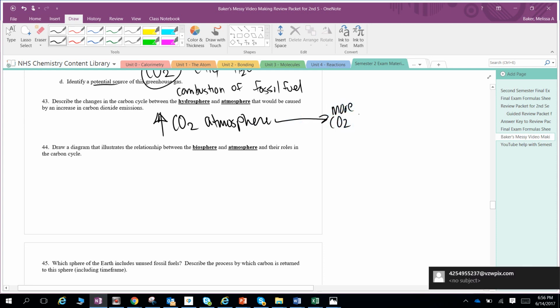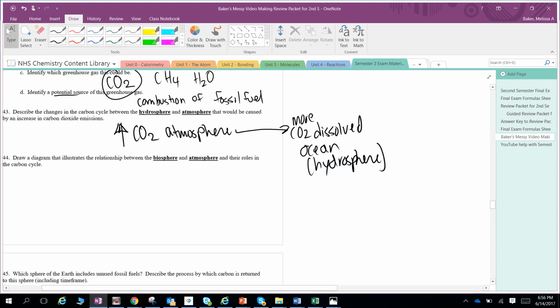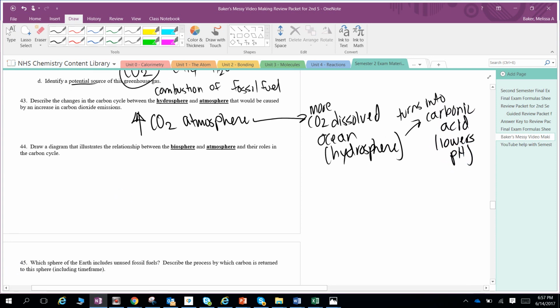More CO2 is dissolved in the ocean, the hydrosphere. And as we learned about in class, this actually turns into carbonic acid in the ocean, which lowers the pH, which has caused all sorts of different changes.